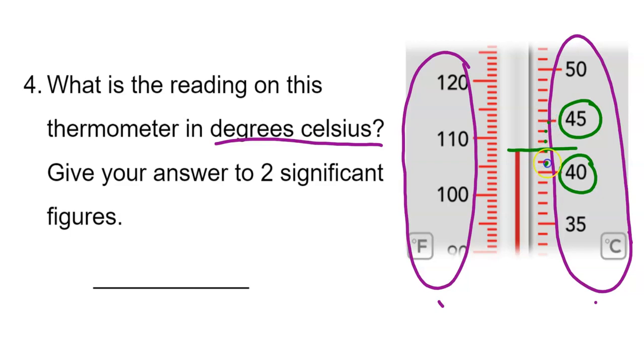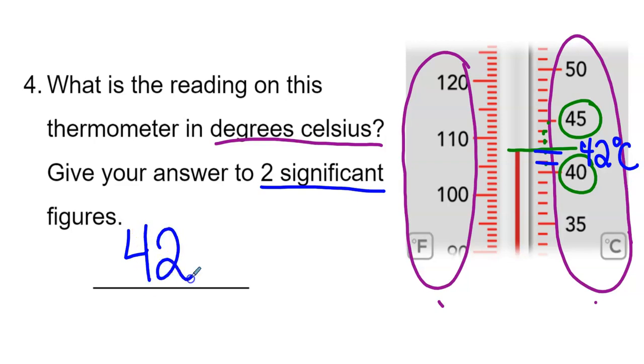So we have 41, 42, 43, 44, and 45. So they are each just 1. So our reading is at 42 degrees Celsius. And it says we need 2 significant figures, and 42 already has that. So all we're going to do is record that value, 42 degrees Celsius.